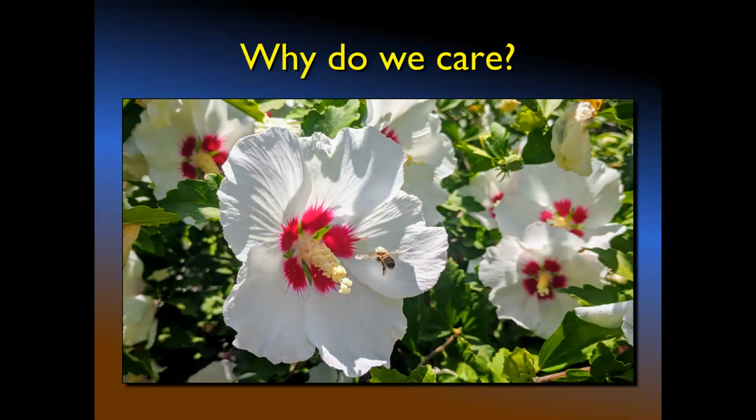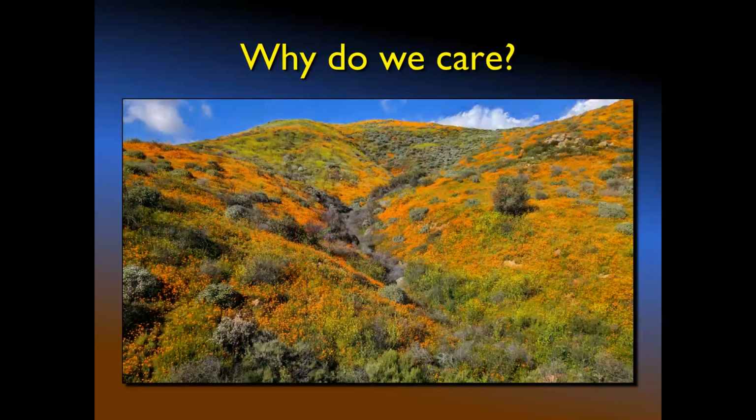The organisms are also necessary for soil formation or for waste disposal, purifying air and water so that we can consume it, for cycling nutrients, and obviously for absorbing solar energy to support the trophic levels of which we are a part. So for all of these reasons, species are important. And so it's important to know how many species are out there and how they relate to one another.